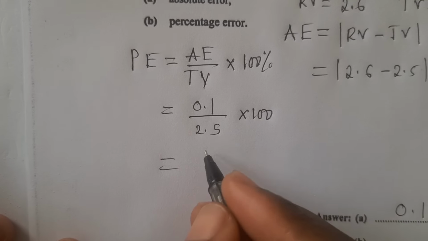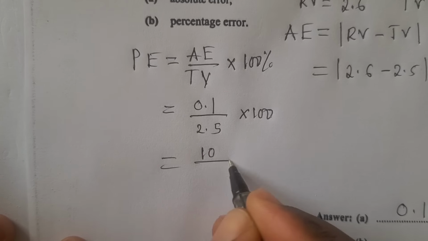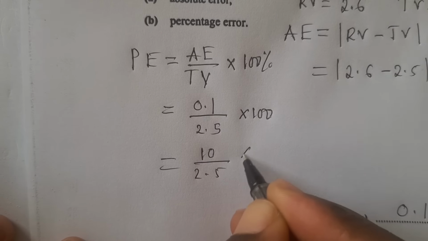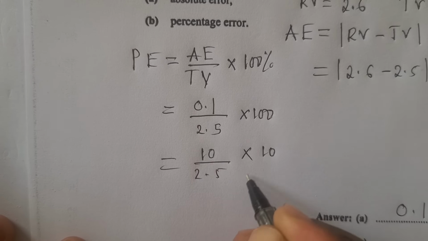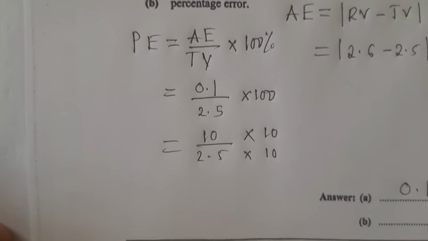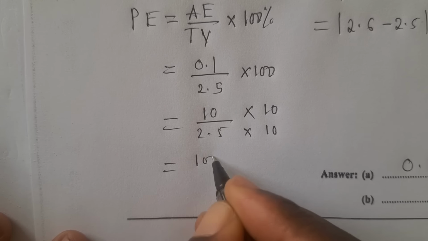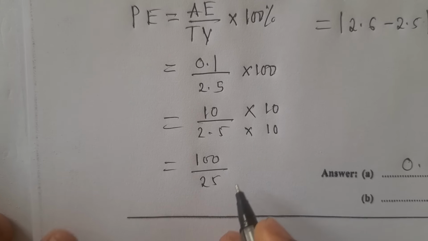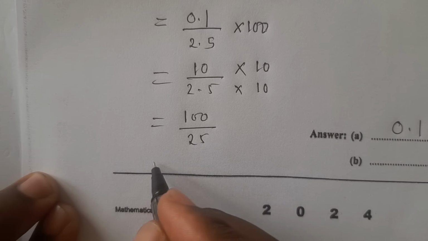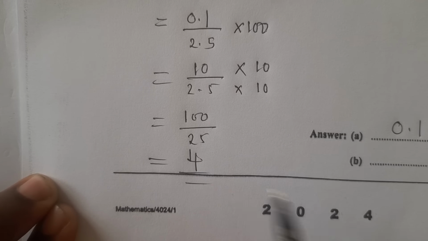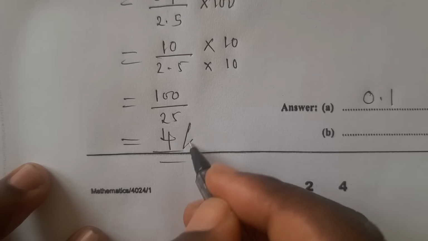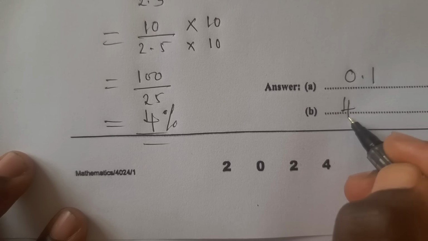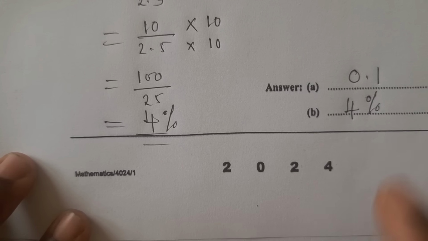When you multiply this, it's giving us 10 over 2.5. Because of this decimal, you multiply by 10, and this will be 100 over 25, which will give us, oops, it's too windy today, which will give us 4. So percentage error is 4%. You can write 4% here.